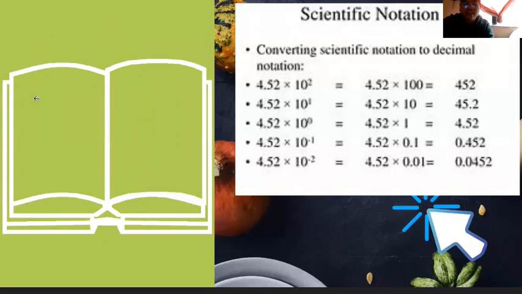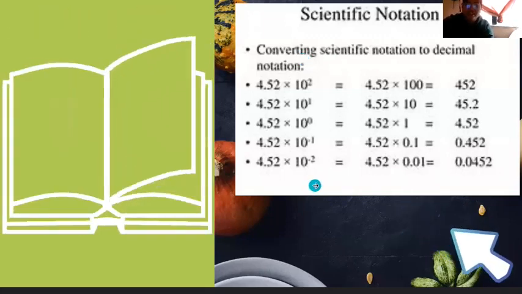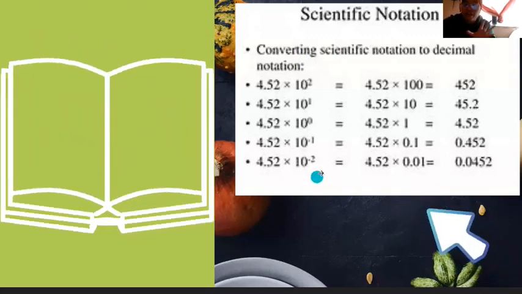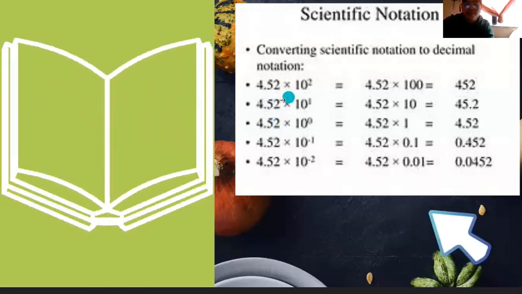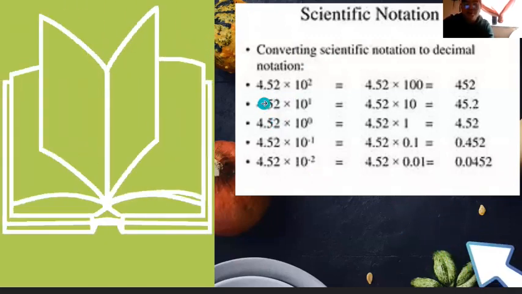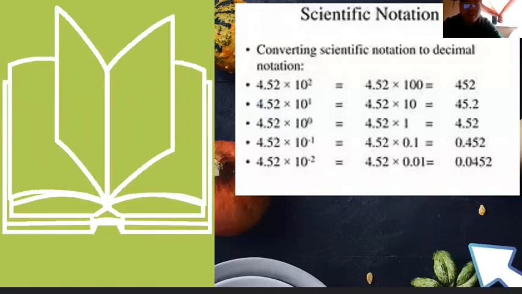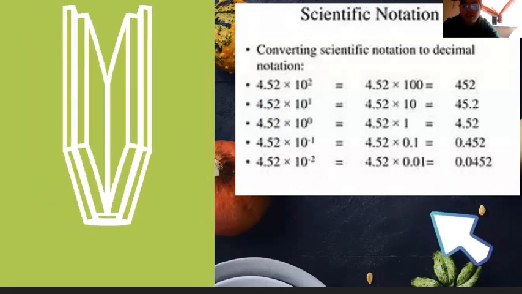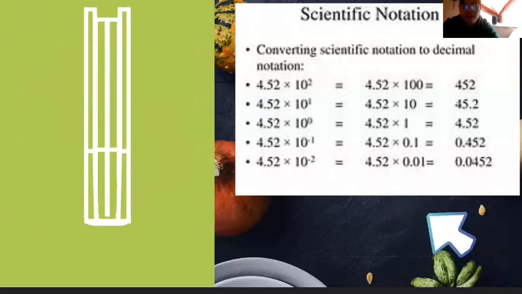Next are scientific notation examples: converting scientific notation to decimal notation. How can we possibly do that? Take 4.52 times 10 to the second power. If the exponent is positive, we move the decimal to the right.